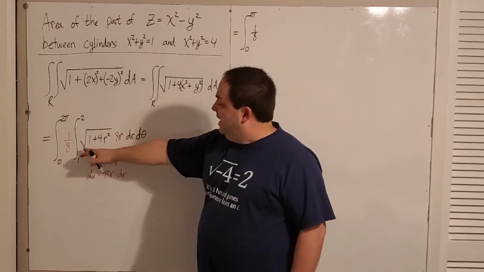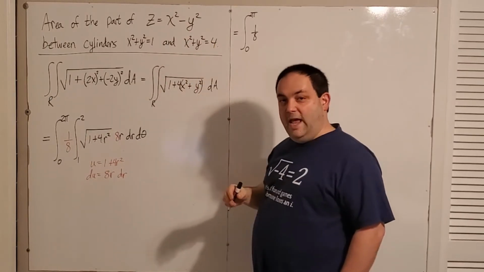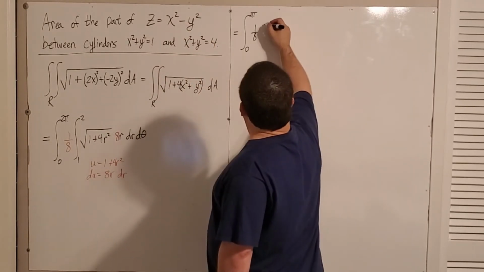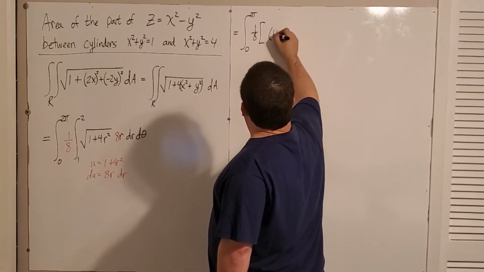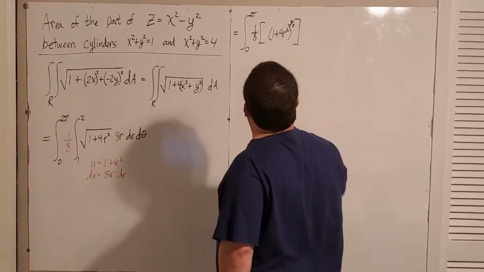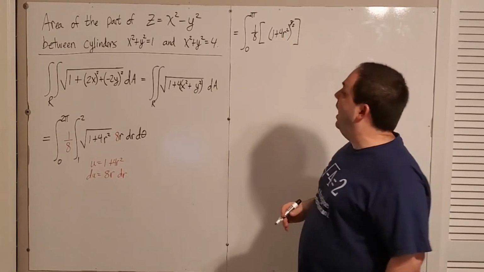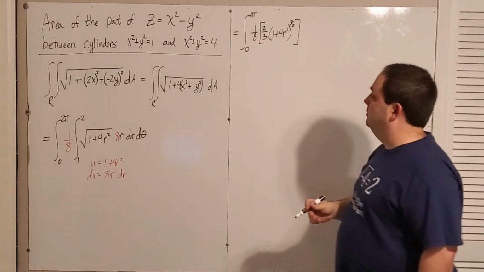And then the integral of the square root of u is just going to give me u to the 3 halves. So that's going to be the 1 plus 4r squared to the 3 halves. But I'm going to divide by the new power, so I'll have times 2/3.